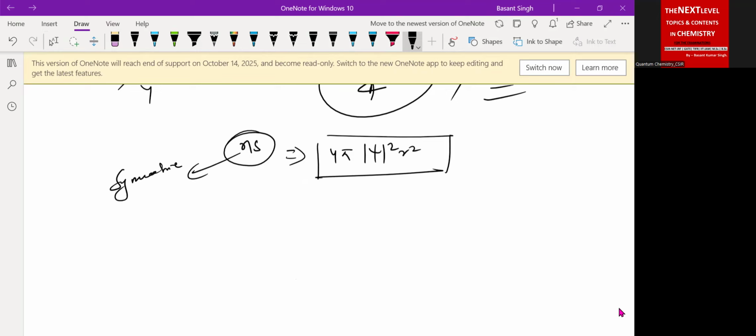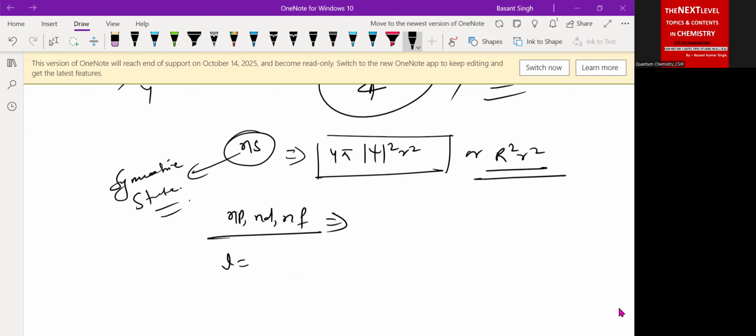This is a symmetric state. But 4 pi and r square is also the radial probability distribution function for ns state. But for np state, nd state, nf state, where l is not equal to 0, that is not a radial symmetric function.